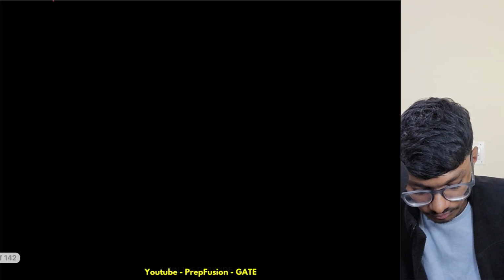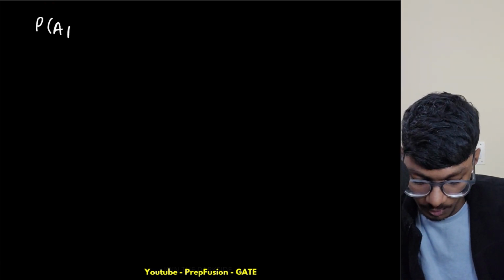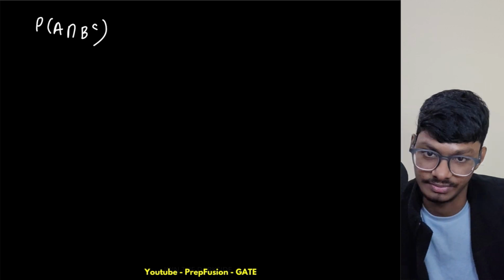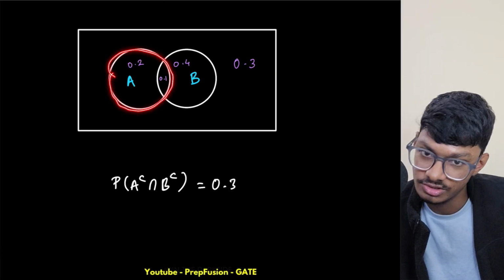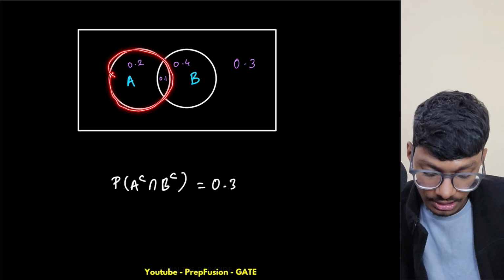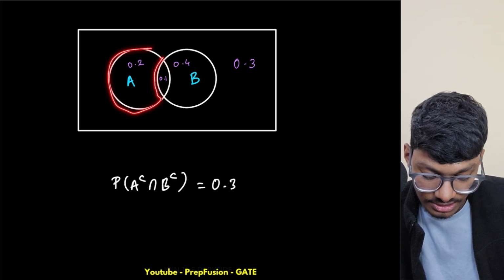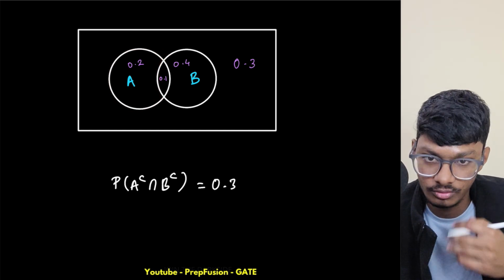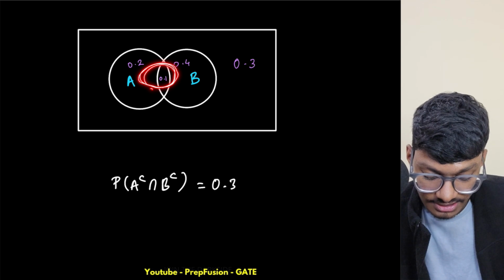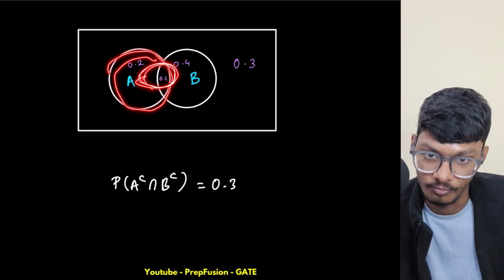So what is this telling us? What do we mean by probability of A intersection not B? What does this mean in the Venn diagram? I have already explained this. Probability of A is overall this, which is equal to 0.3, but I only want where B is not intersecting. So B is not present. So we have to subtract this A intersection B from the overall probability, right?